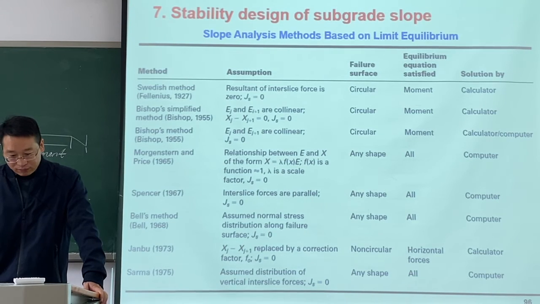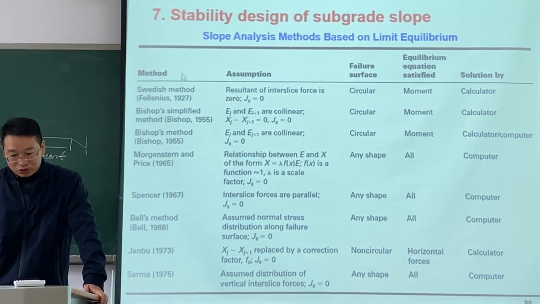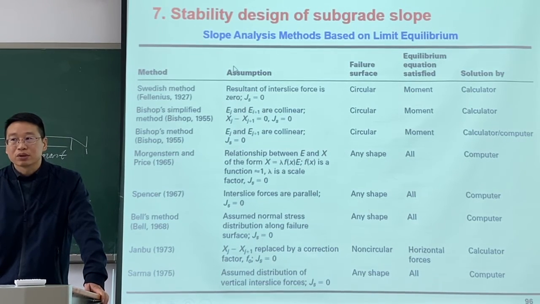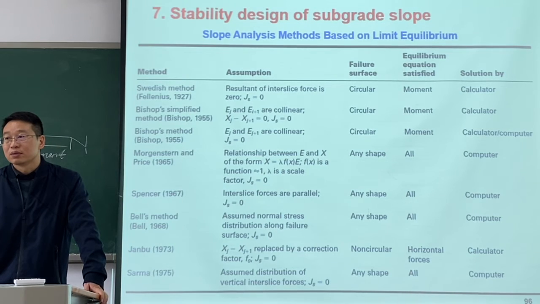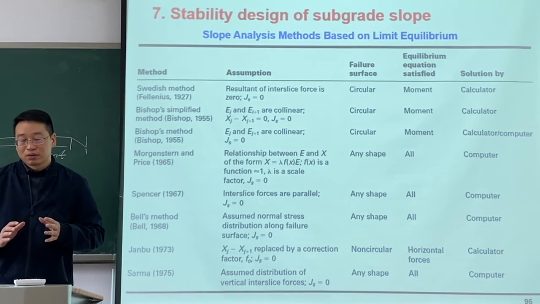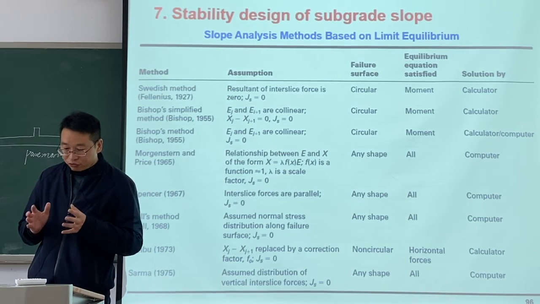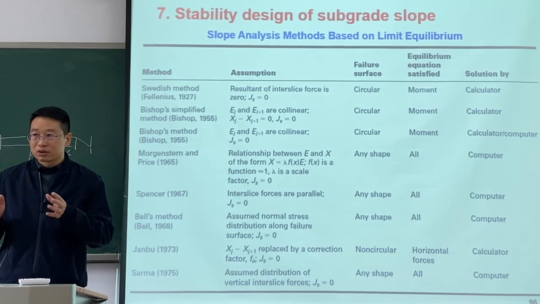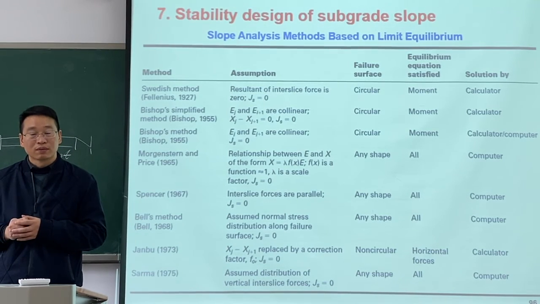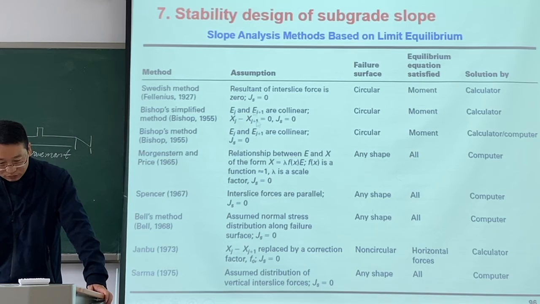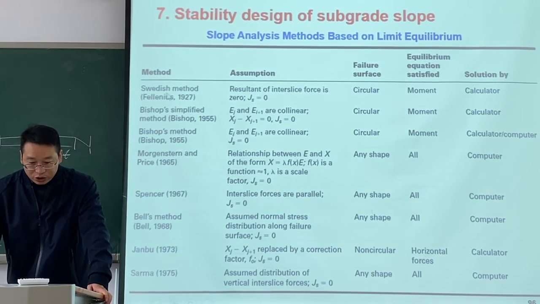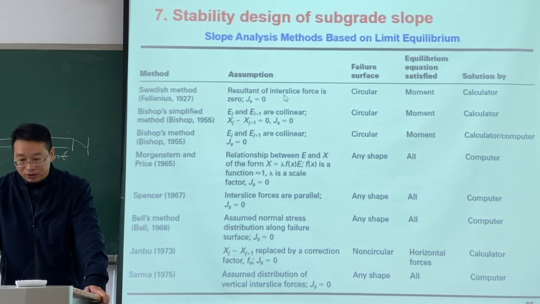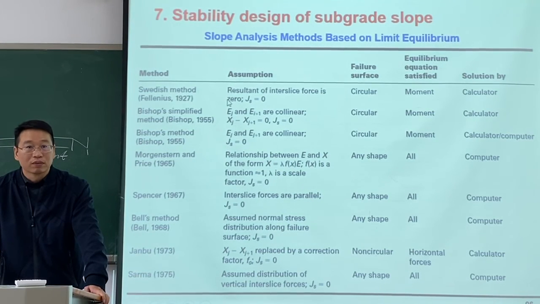But for different methods, the assumption is different. The difference of the methods is that they have different assumptions. We can know that in the Swedish method, we assume that the resultant of inter-slice force is 0.